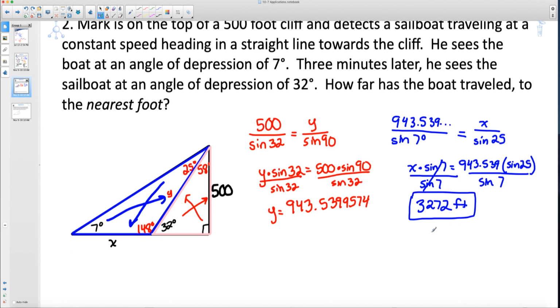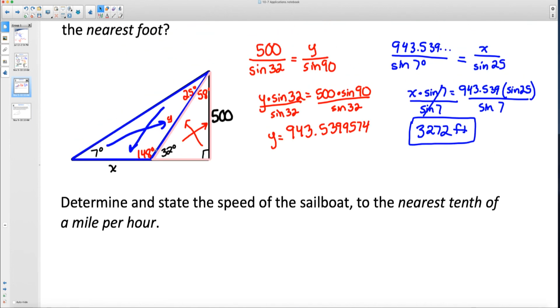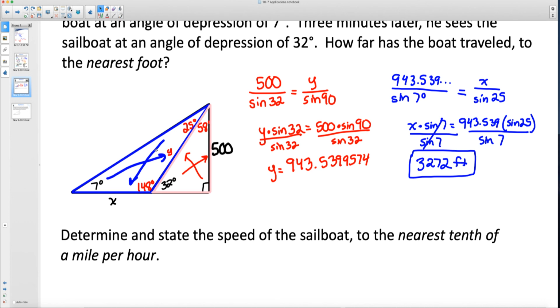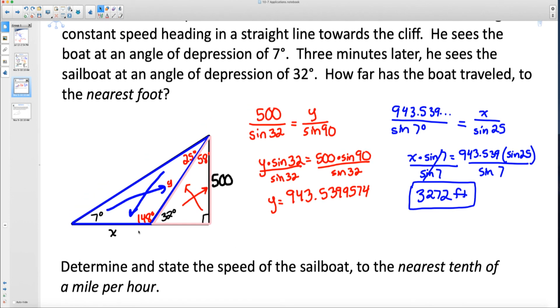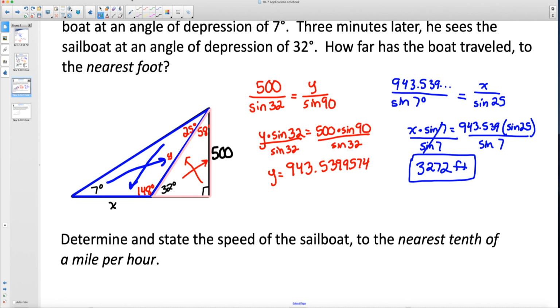So now there is a second part to this. It says determine and state the speed of the sailboat to the nearest tenth of a mile per hour. So we need to ask ourselves, how long did it take the boat to travel from here to here? It says it took 3 minutes. So right now I'm looking at 3,272 feet every 3 minutes.